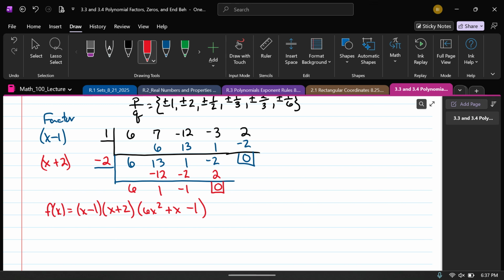And now I'm going to try to factor that quadratic that's left over. Multiply to be negative 6, add to be positive 1. Negative 3, positive 2. That adds to be negative 1.